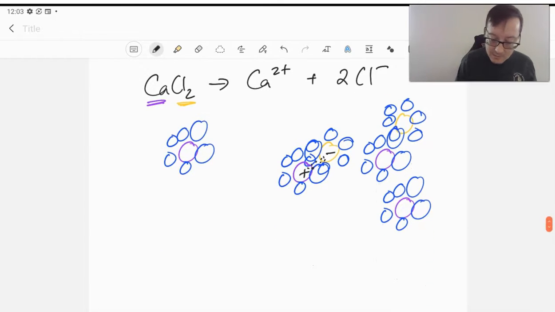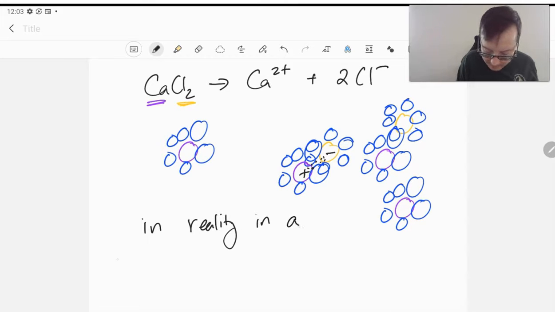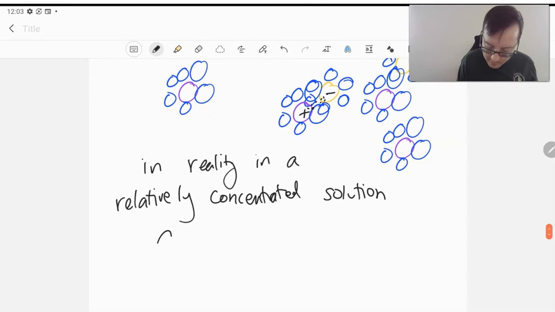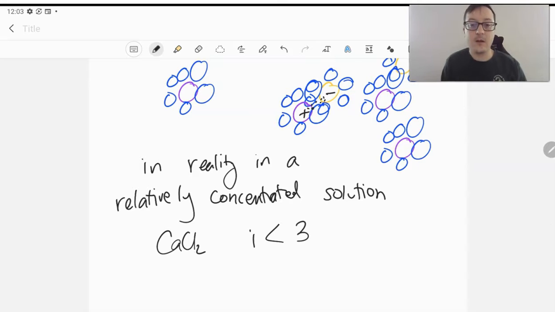And so we might say that in reality, in a relatively concentrated solution, for calcium chloride, i is slightly less than 3.